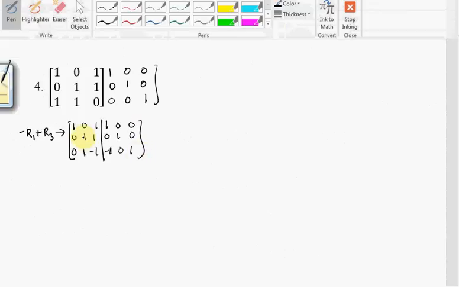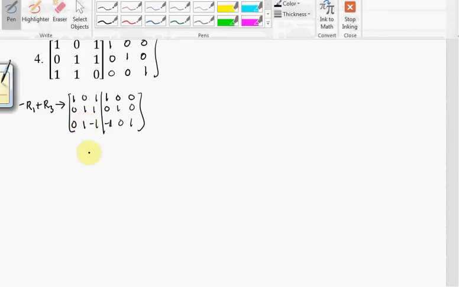So now at A22, we take that 1 to get a 0 below. So we simply just say negative times row 2 plus row 3.